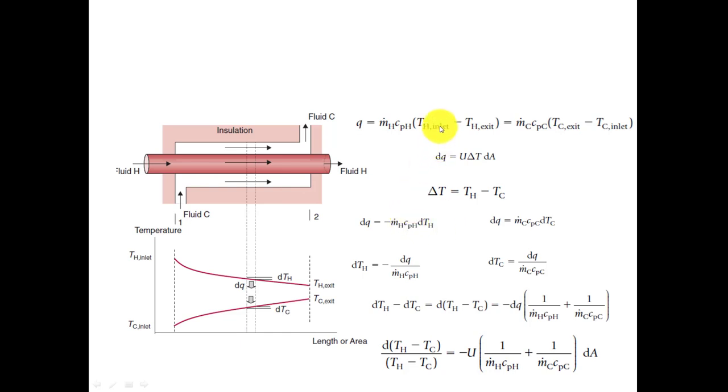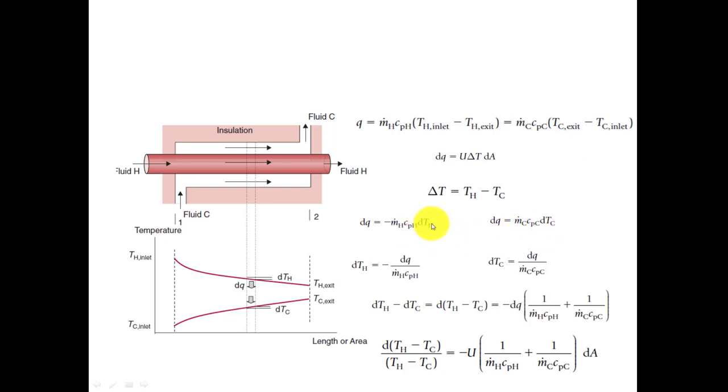For these equations we can write dq is equal to mh Cph dTh. This dTh is Th inlet minus Th exit, and dq is equal to mc Cpc dTc. This dTc is equal to Tc exit minus Tc inlet. Fine. From here, what can we find out? We can find out the values of dTh and dTc.